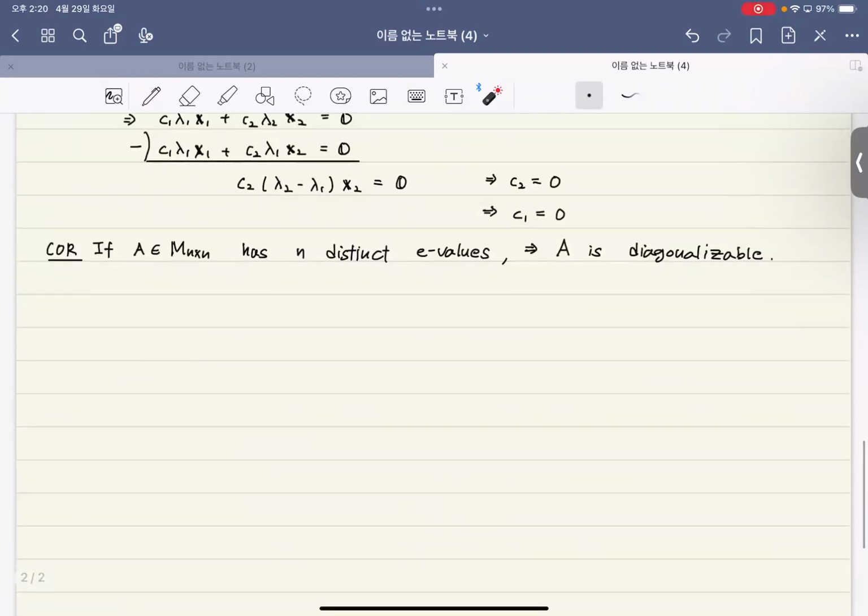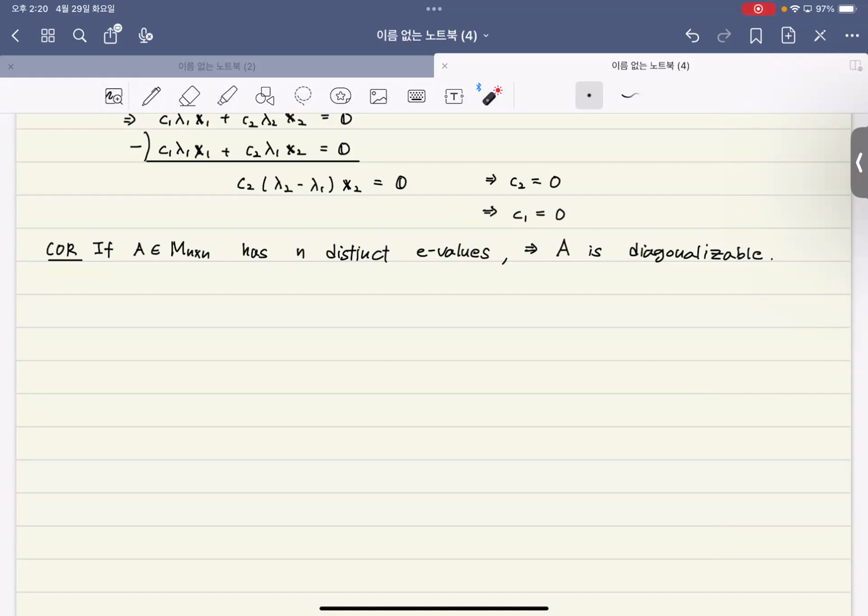So whenever you have a matrix that has n distinct eigenvalues, you are always good to assume that the matrix is diagonalizable. The question is, what happens if your matrix has some repeating eigenvalues?